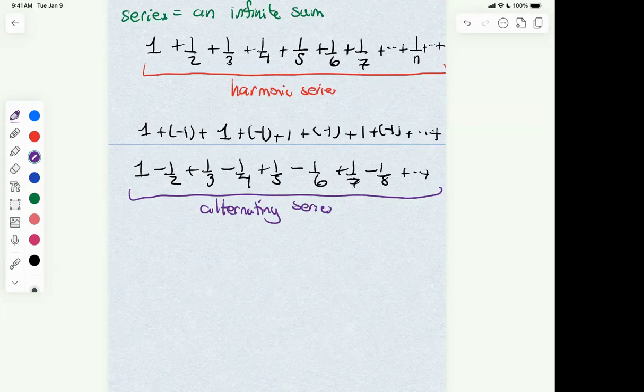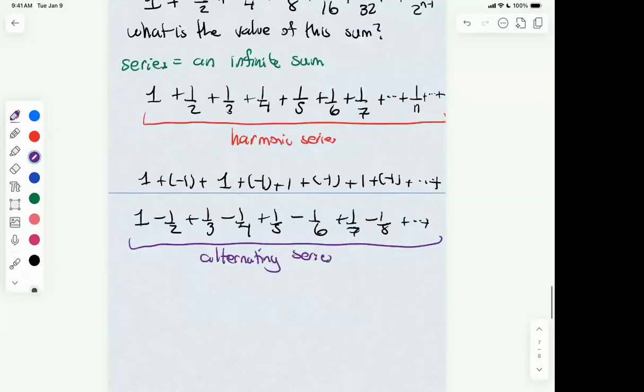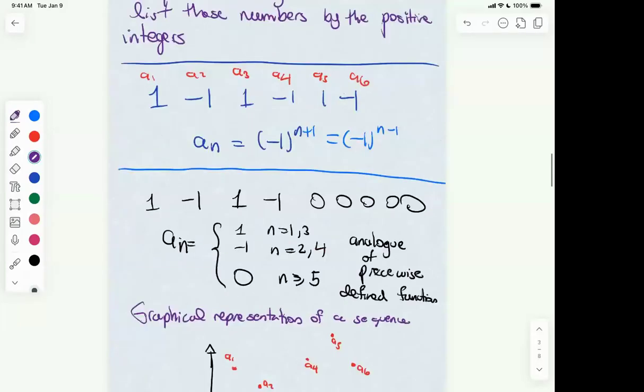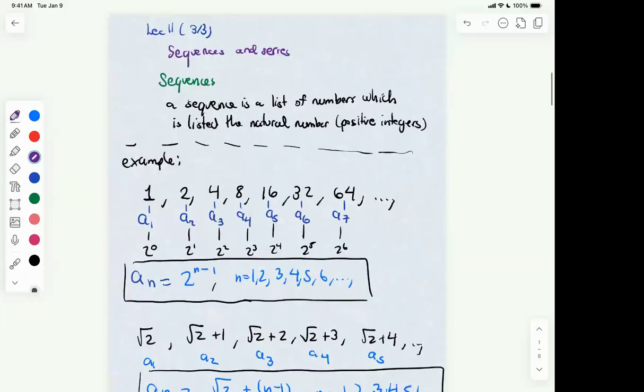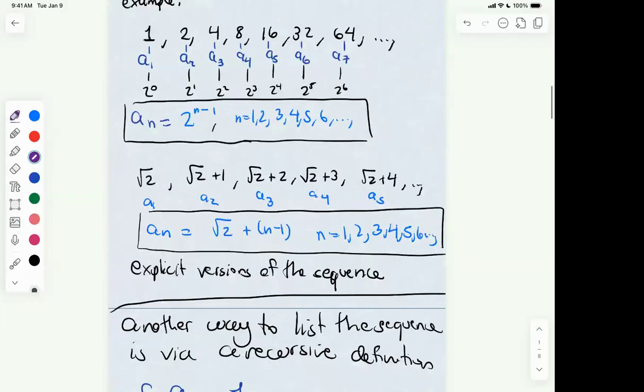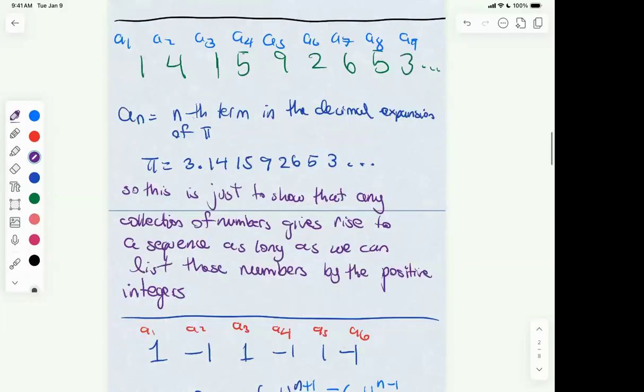Oh yeah, sorry. Like what we did for the expansion of pi, if we sum that all up, would that also be a series? Well, okay. Yes.